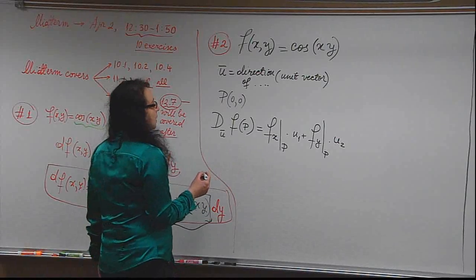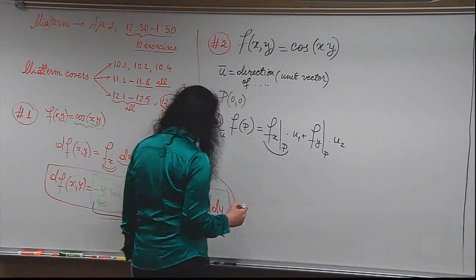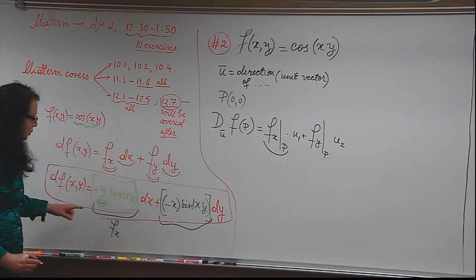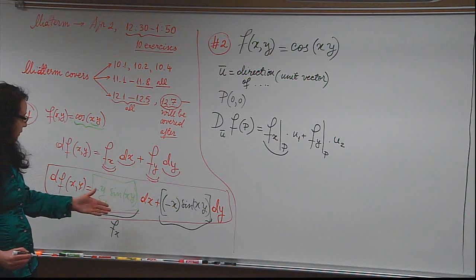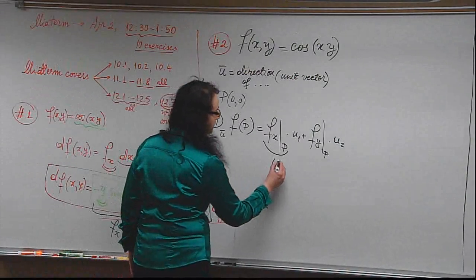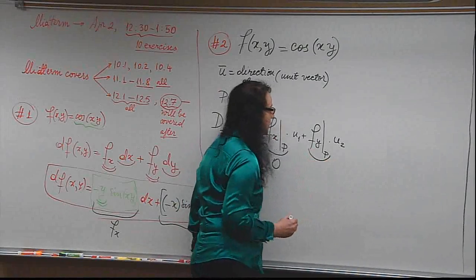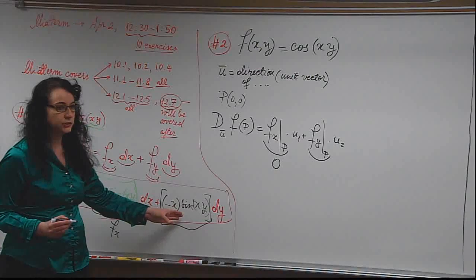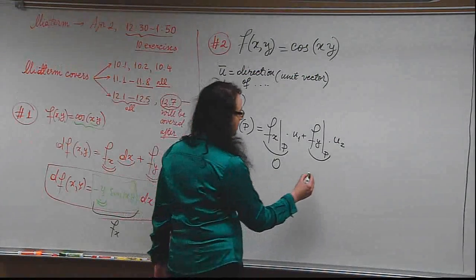Now, when I compute f sub x at P, I know who f sub x is. But if I compute it at P, and P is 0, 0, my God, this is going to be 0, right? And if I do f sub y at P, and P is 0, well, you also know that the second partial derivative is 0 at 0 as well.